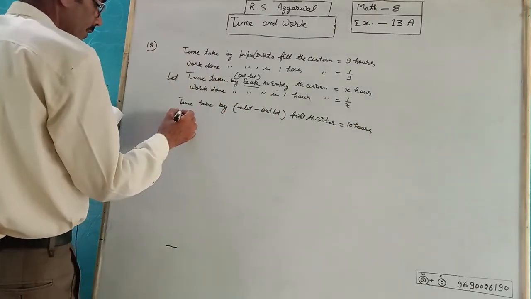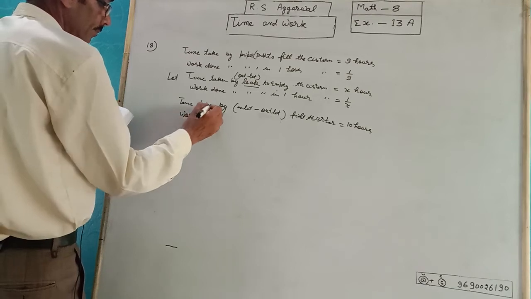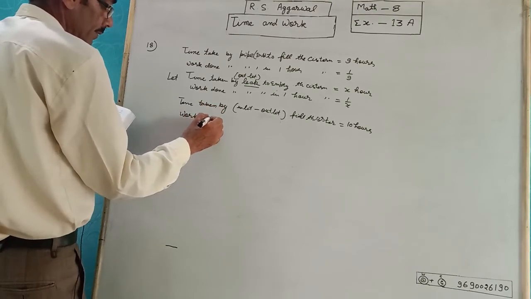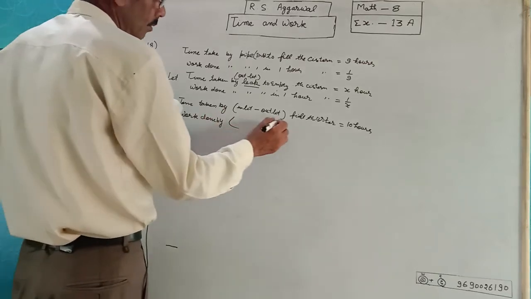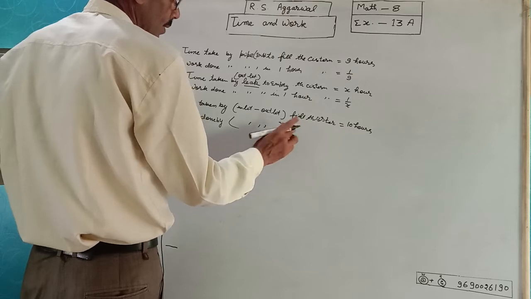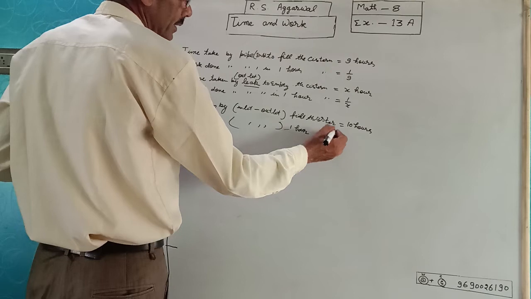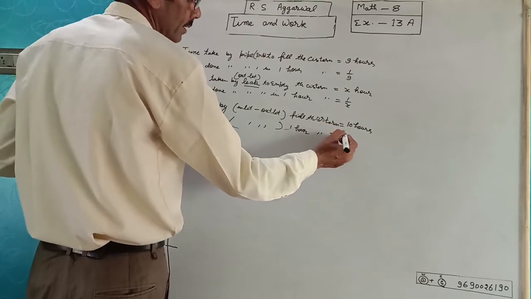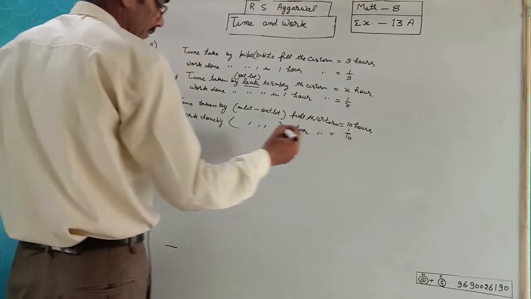Work done by inlet minus outlet in 1 hour will be 1 upon 10.